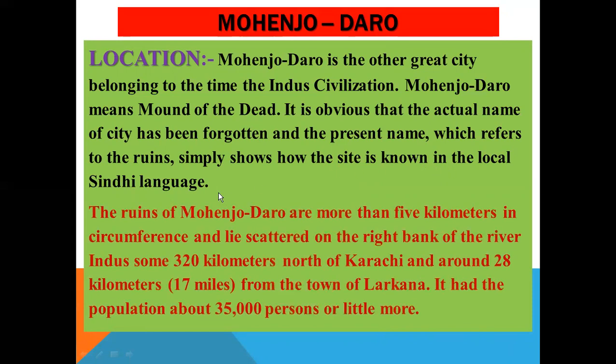Dear students, the ruins of Mohenjo-Daro are more than 5 kilometers in circumference and lie scattered on the right bank of the river Indus, some 320 kilometers north of Karachi and around 28 kilometers or 17 miles from the town of Larkana. Larkana is also a city situated in Sindh province.